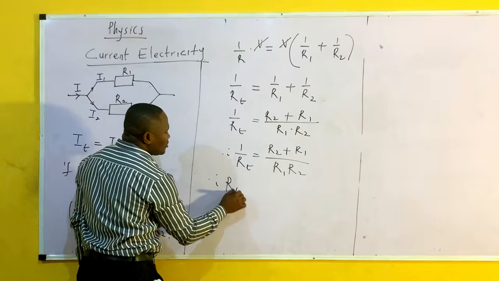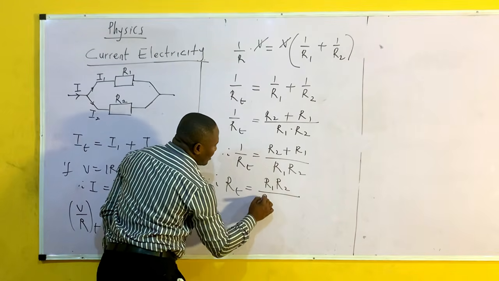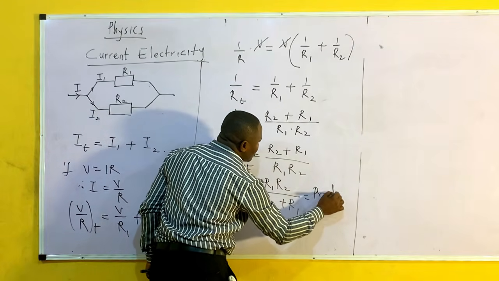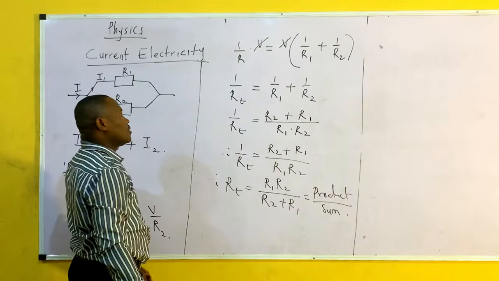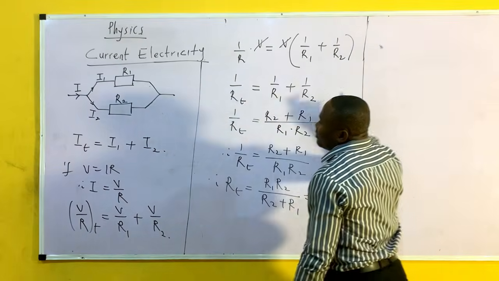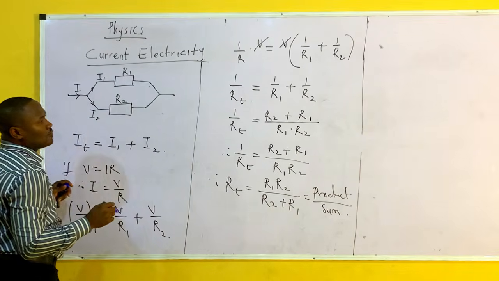Therefore, RT is R1 R2 over R2 plus R1. That's what we call product over sum. Product over sum. So this is how we arrange in parallel. In parallel, they have different currents, but the same voltage.